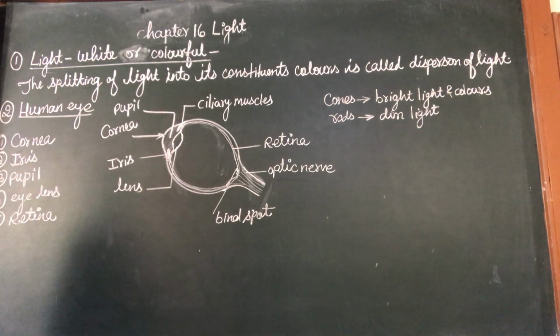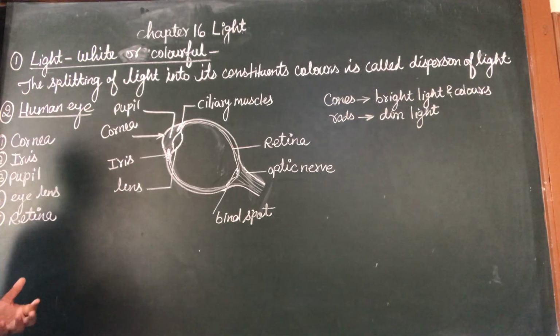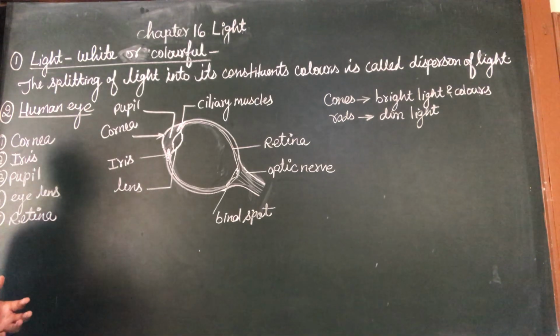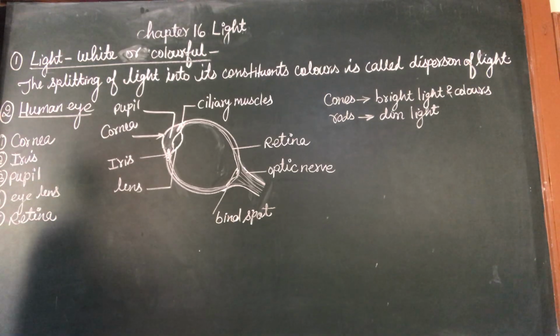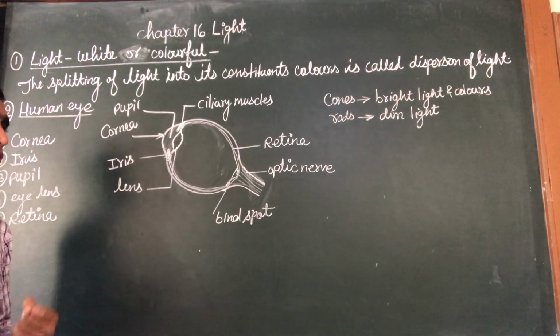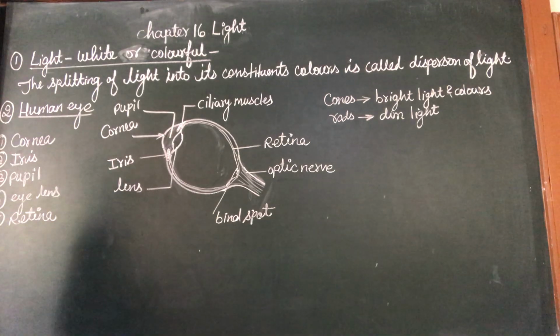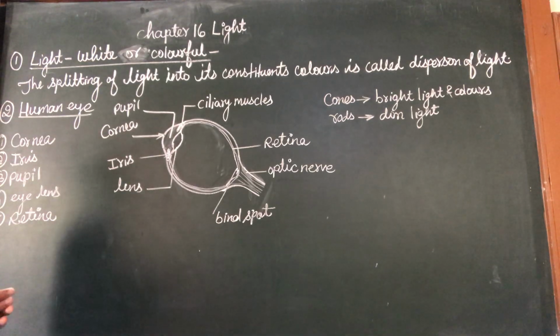Do not read in dim light. You need proper light for reading, and dim light and bright light are both not good for the eye. In dim light our eye muscles are stressed and we may get a headache. In bright light the eye becomes closed. So both dim light and bright light are harmful for human eyes.